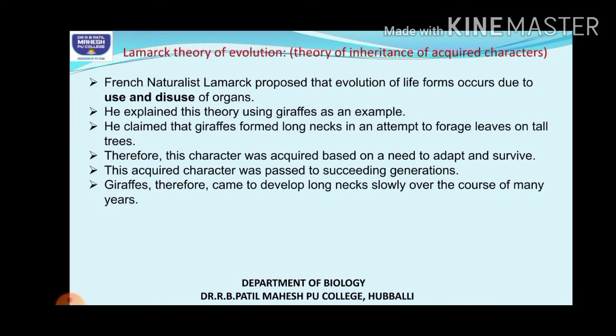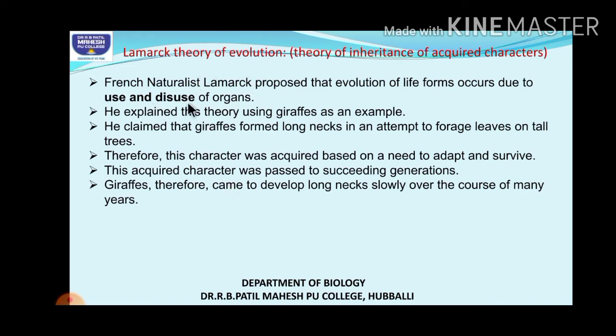Then Lamarck's theory, 2 main points you have to remember. One is use and disuse of organs. So that led to inheritance of acquired characters. That was explained by Lamarck, and the good example given here is the evolution of giraffes. Yes, so you have understood this concept, I hope, and these are the points you can explain for Lamarck's theory of evolution.